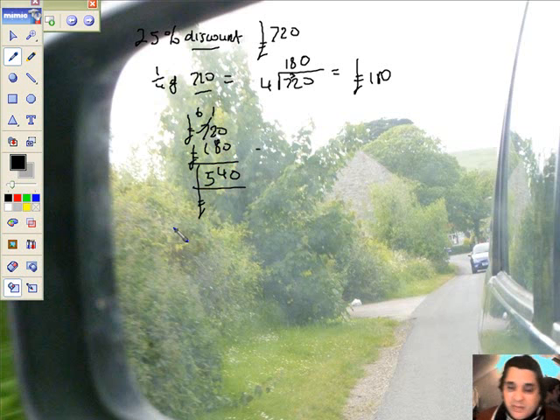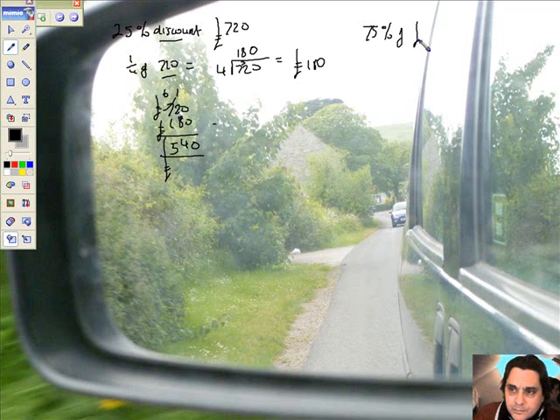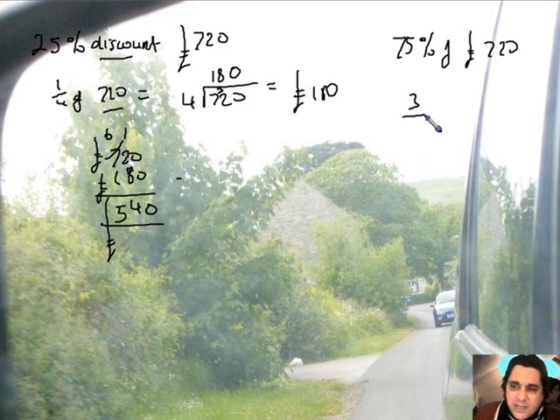Well, my different method is going to be work out 75% of 720, so let's just check it then. So we're looking at 3/4, because again these are easy percentages, of 720. 4 goes into 72 a couple of times. 18 I think.